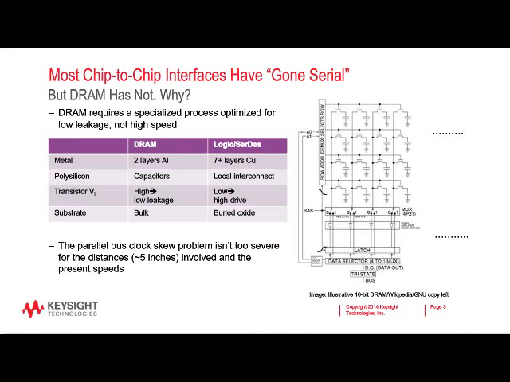Before we dive into the BER contours, let's take a step back and look at some special considerations around DRAM. Most chip-to-chip interfaces have gone serial. The motivation for that is to eliminate the clock skew problems of parallel buses, among other benefits. But DRAM has not gone this route, because DRAM chips require a specialized process optimized for low leakage, not the conflicting goal of a high-speed process.